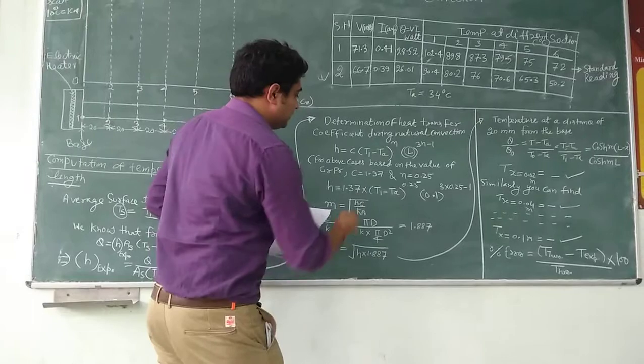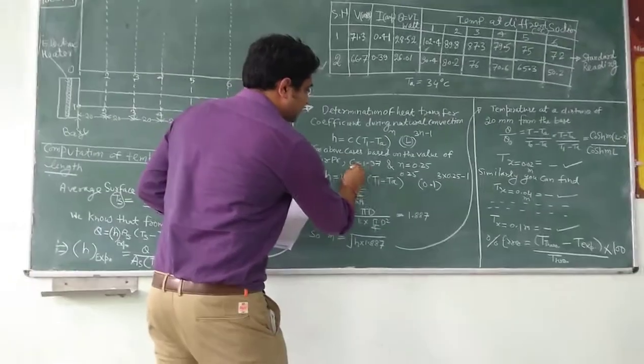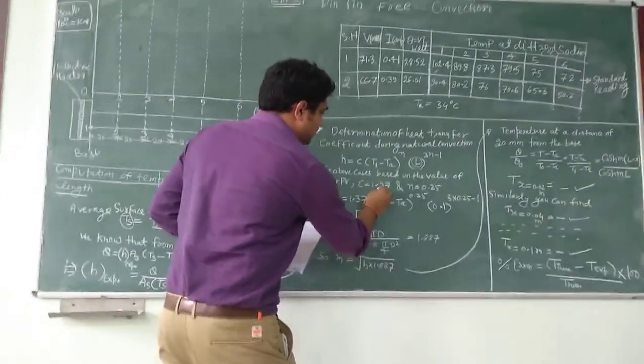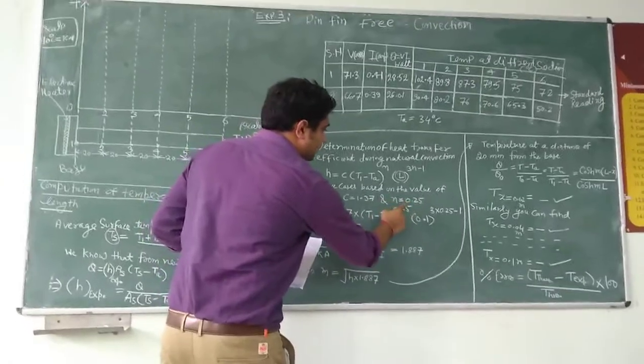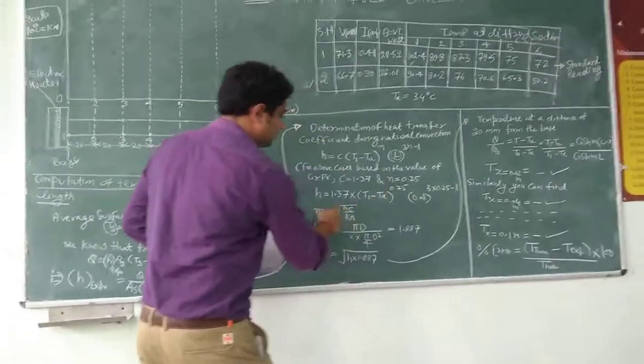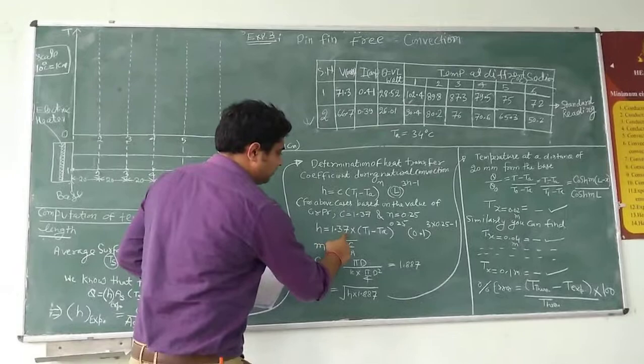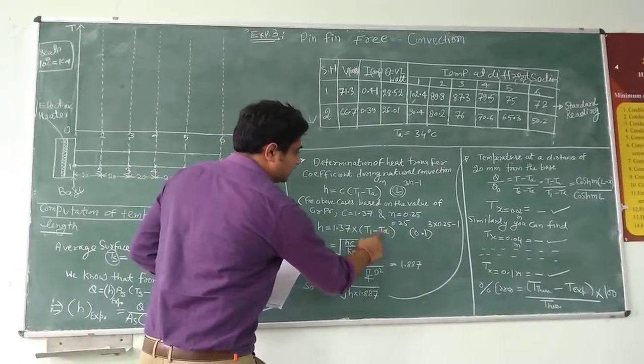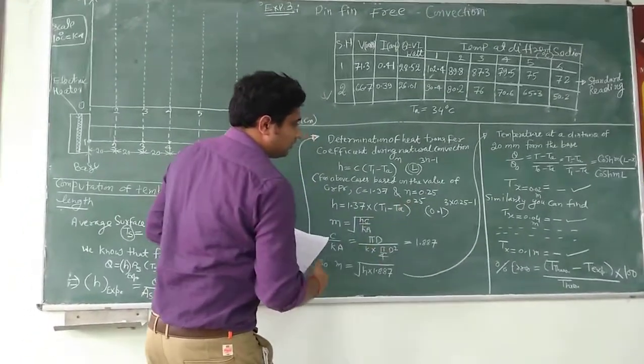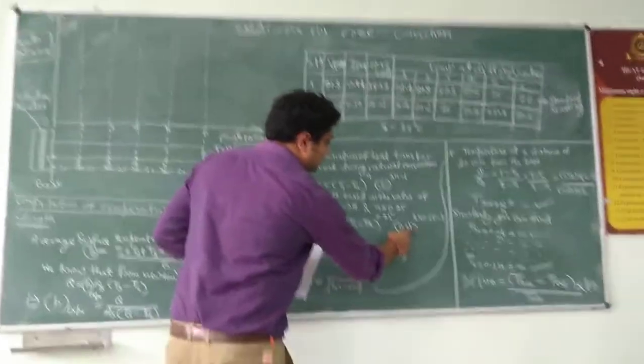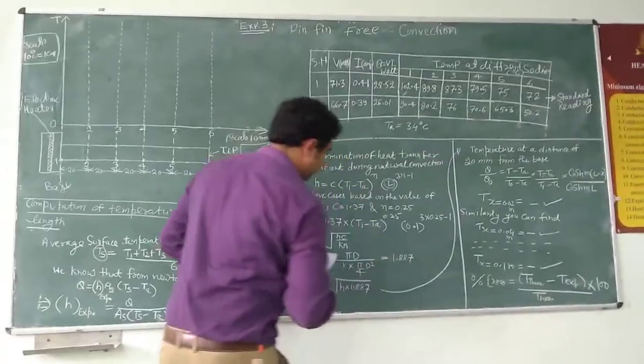For a vertical cylinder the constant C is 1.37 and n is equal to 0.25. So this expression becomes h is equal to 1.37 into (T1 minus Ta) to the power 0.25 into 0.1 to the power 3 into 0.25 minus 1.